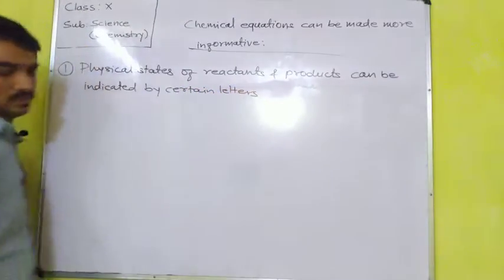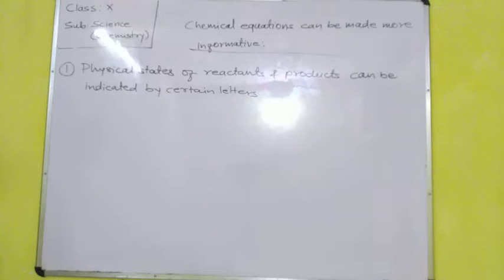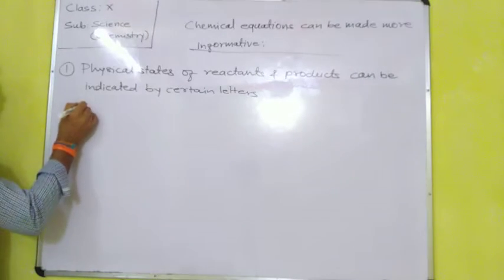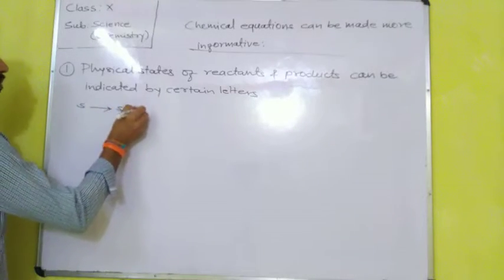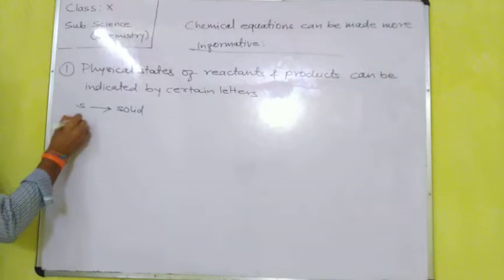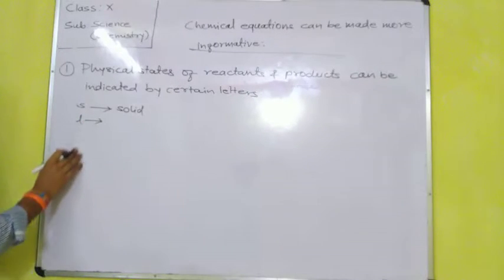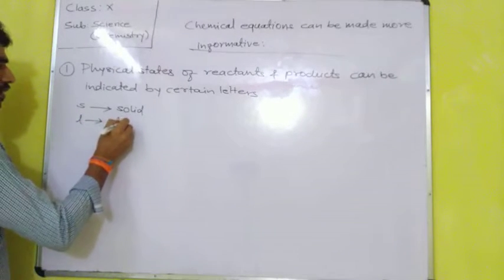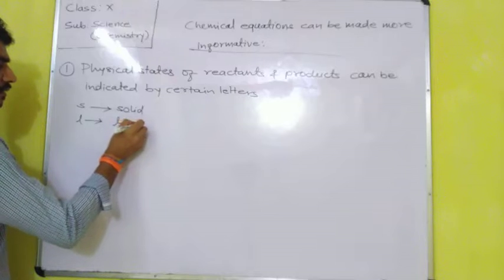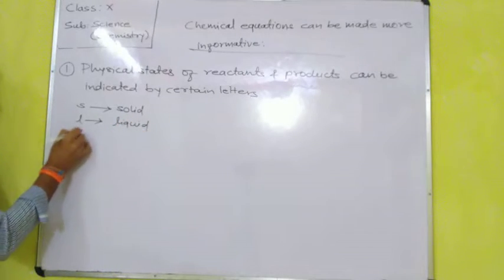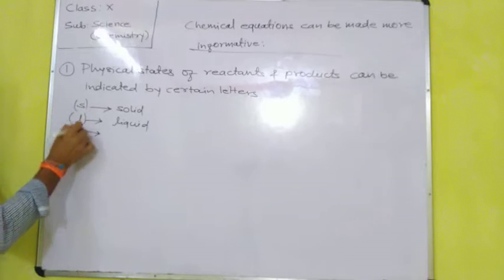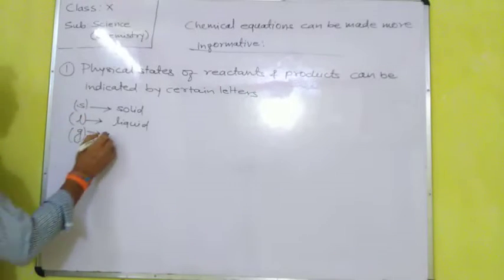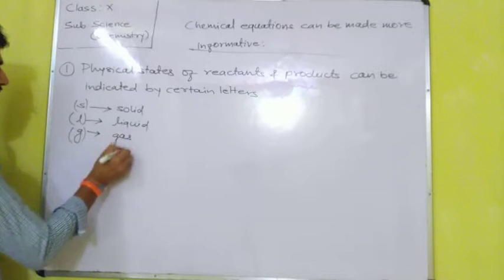Suppose if small s is written, it stands for solid state. If small l is written, it stands for liquid state. If small g is written, in the bracket, in all these it will be written in the bracket, it stands for gaseous state.